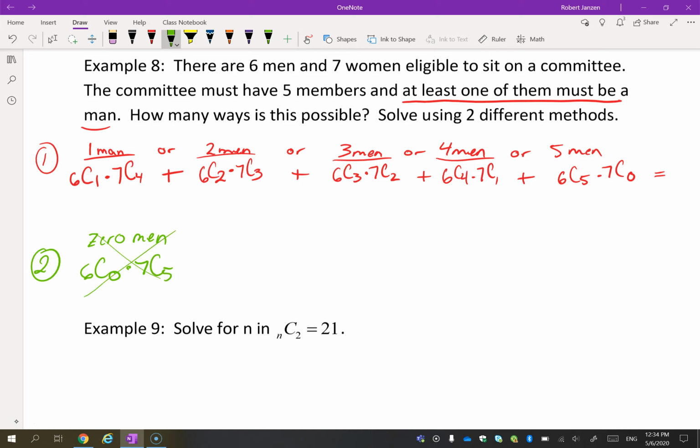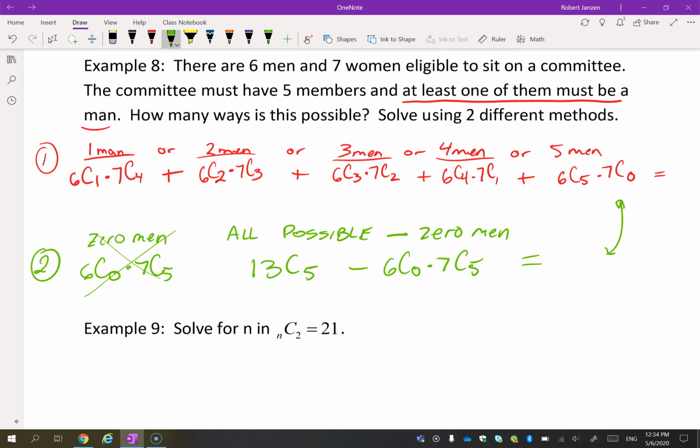So what we do want is, let's take away what we don't want from all possible. Okay, now I said the all possible way was 13 choose 5. That's all the possible combinations. And if we take away what we don't want, this should give us the same answer as that.